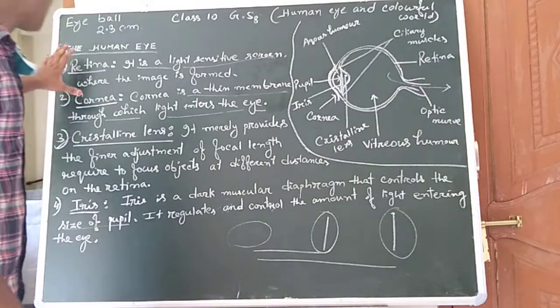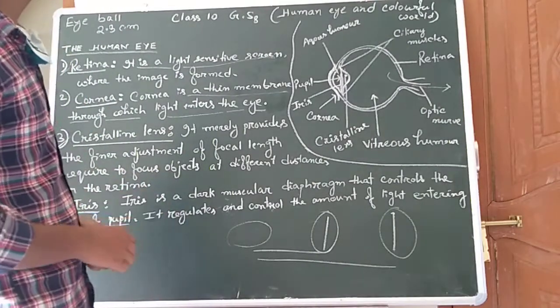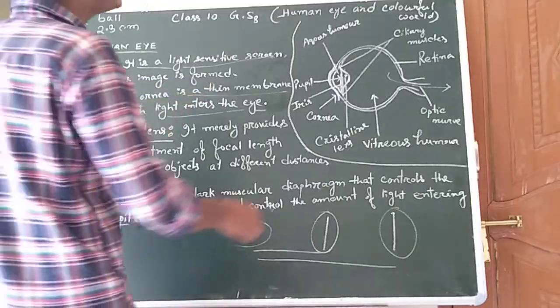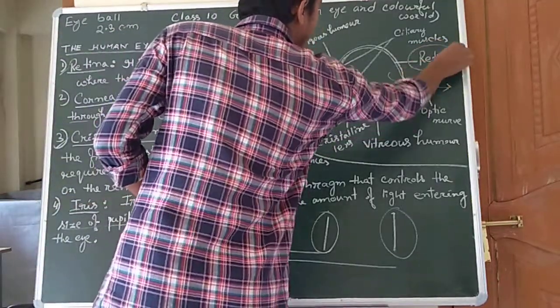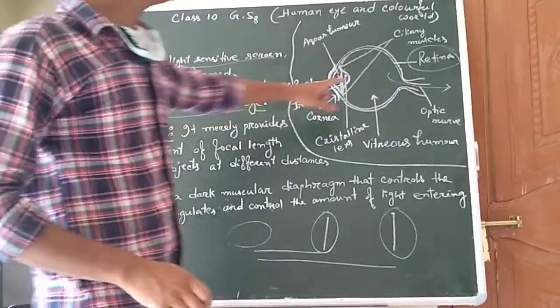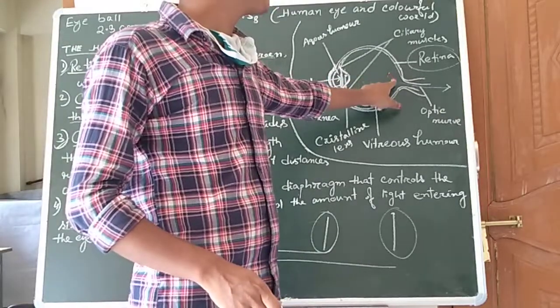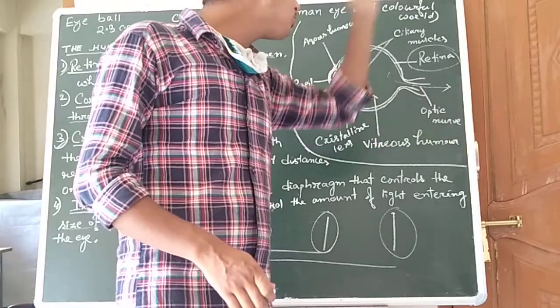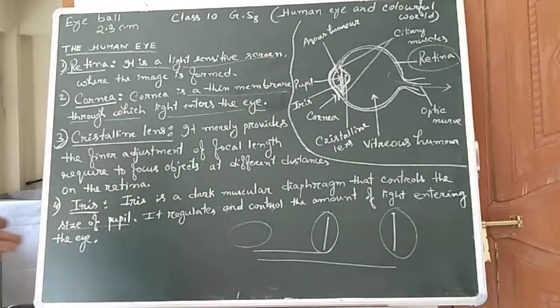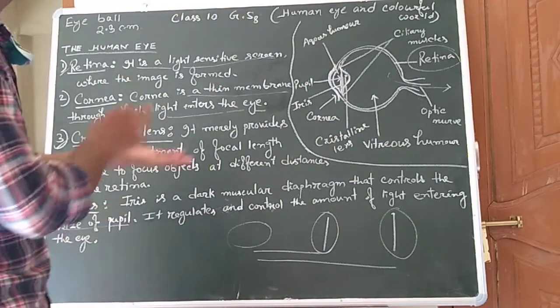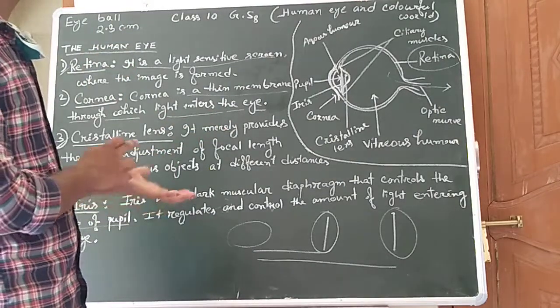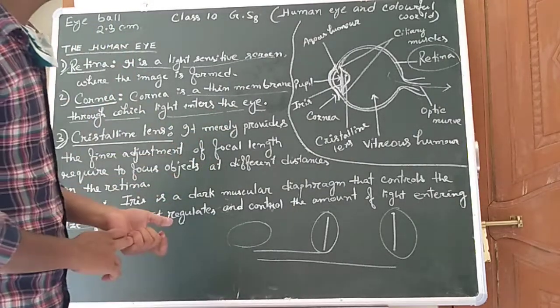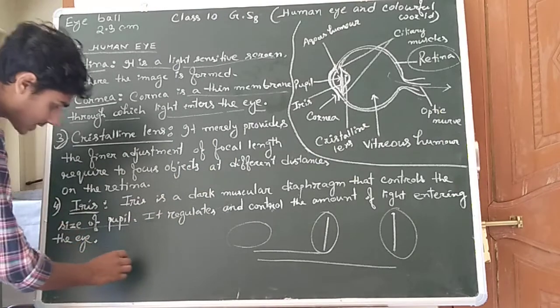So these are some functions of some organs. After the image is formed at the retina, these signals go through the optic nerve to our human brain.